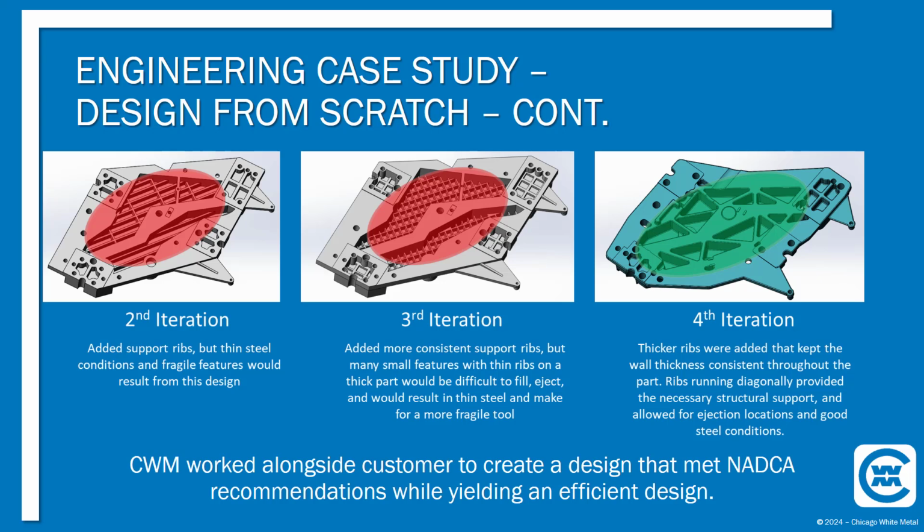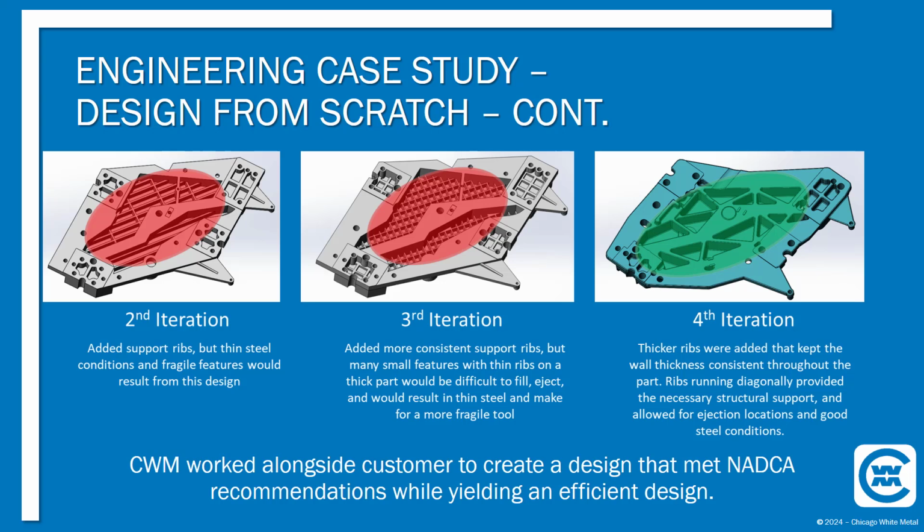It was good. Had some issues with some thin steel. Tool steel conditions would make it difficult for the tooling to form those features and not break and have issues long term. Second iteration, or actually third iteration, we developed more of a honeycomb type thing with the ribbing and internal structure.